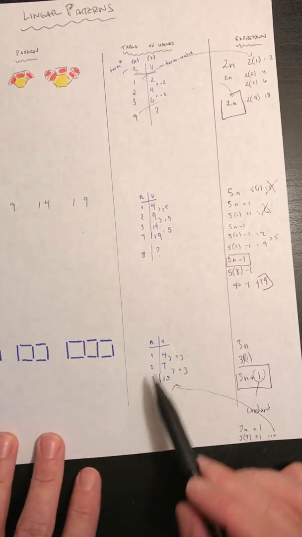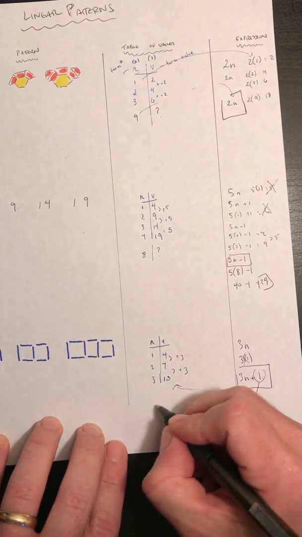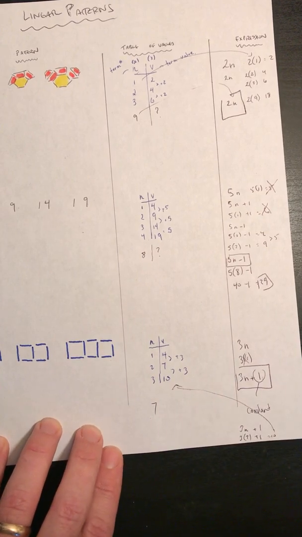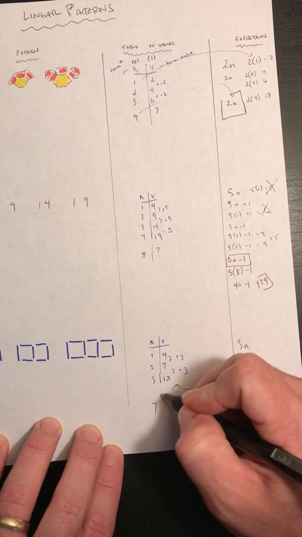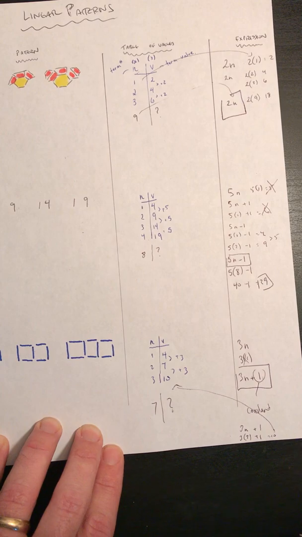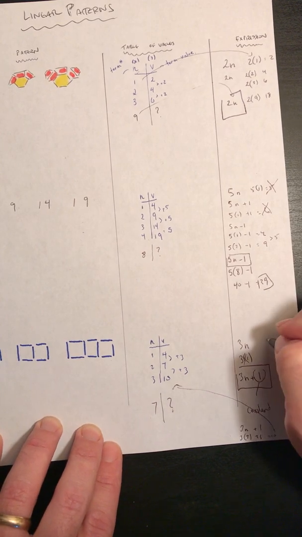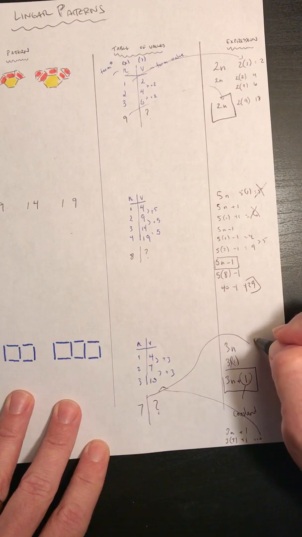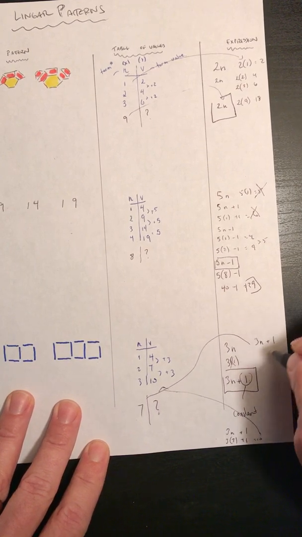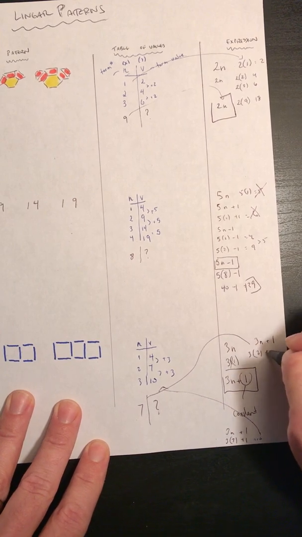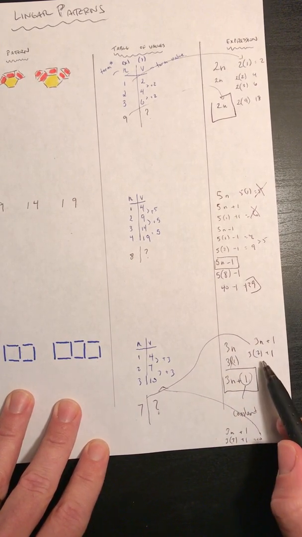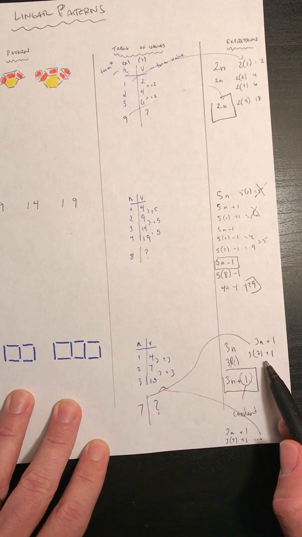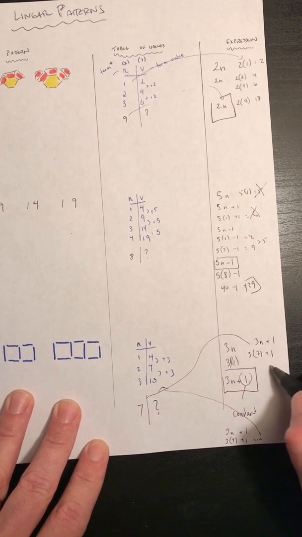Now let's say, let's just do it right here. So let's say we were looking for the value for the 7th term. We don't know that, but we can just plug it in. Okay, so if we bring it over here, we go 3n plus 1, 3 times 7 plus 1. 3 times 7 is 21 plus 1 is 22.